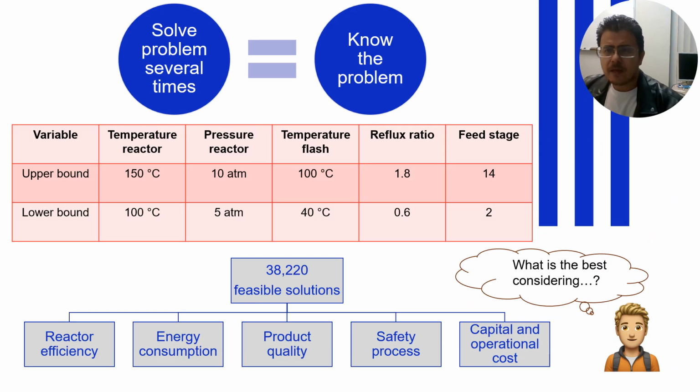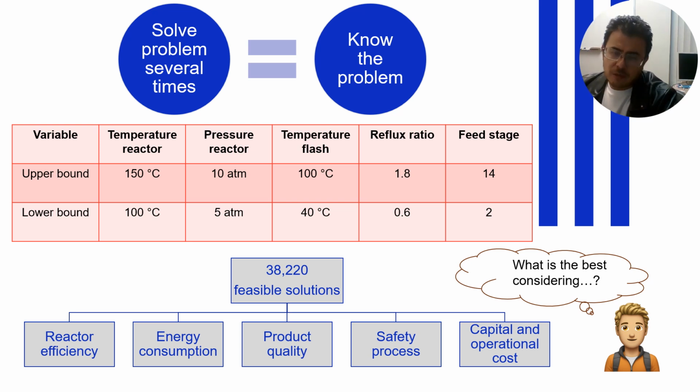Okay. To know the problem, we need to solve the problem several times. For example, in a sensitivity analysis. In this case, we use the sensitivity analysis tool in Aspen in order to change the temperature of the reactor, the pressure of the reactor, the temperature of the flash, the reflux ratio, and the feed stage.